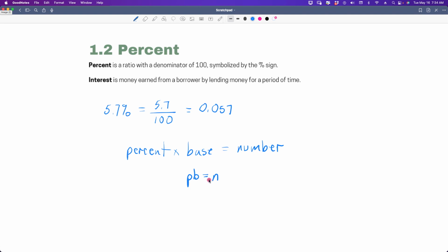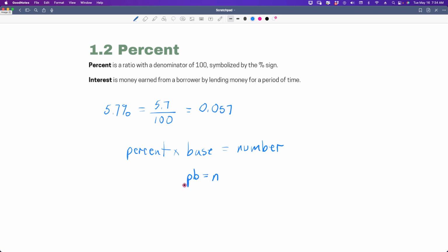Since the equation contains three quantities, if any two are known, their values can be substituted into the equation and the equation solved for the unknown. Remember that in order to solve a formula, you can only have one unknown value. This implies the existence of three different kinds of percent problems.